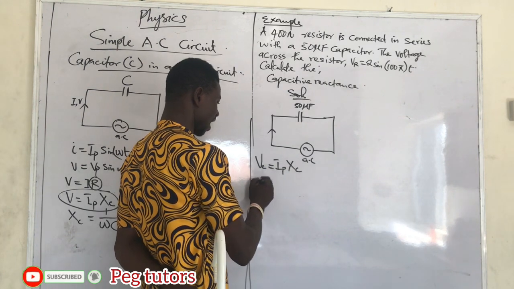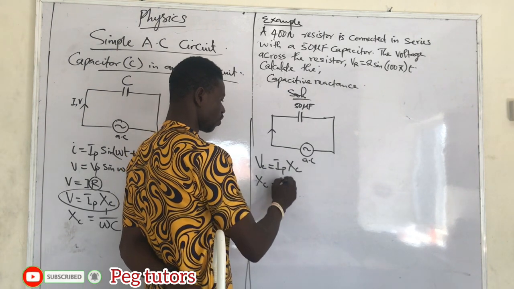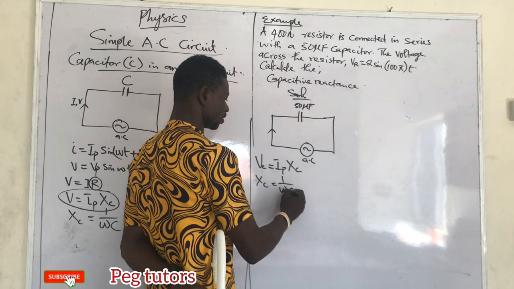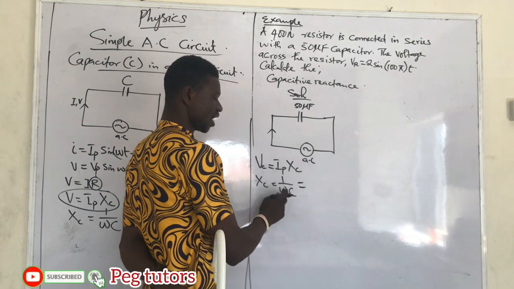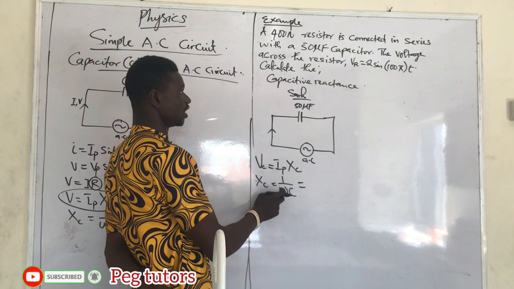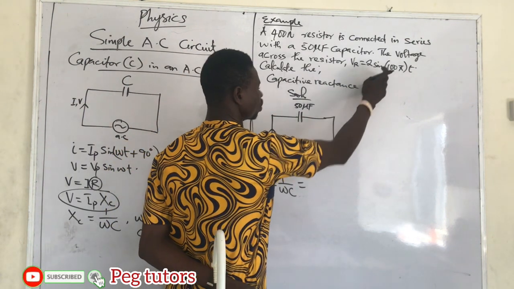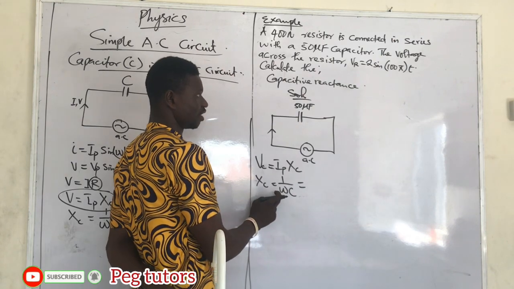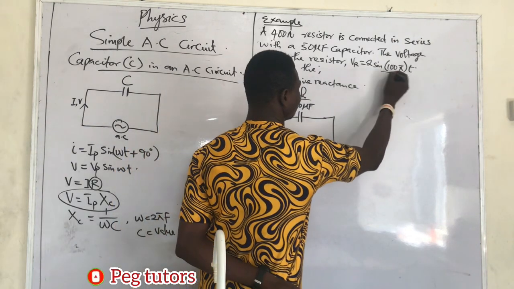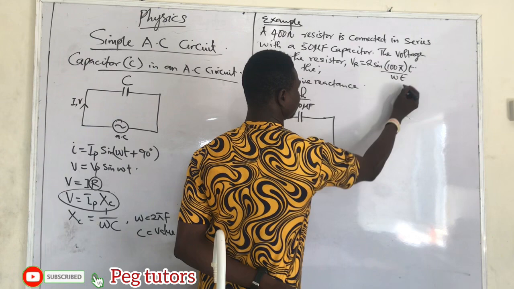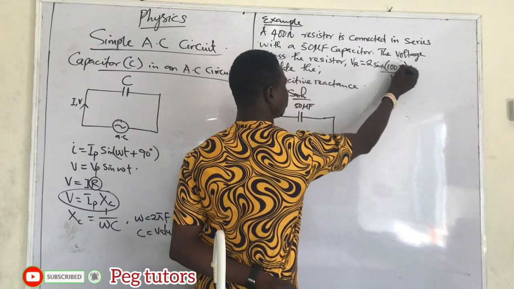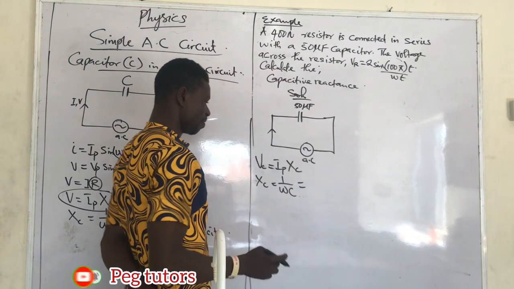So XC, remember, is 1 over omega C, where omega is 2 pi f. But they didn't give us any frequency. They gave us this equation, which is a clue to get our w. Here it's supposed to be wt, so the whole w is represented by 100 pi.